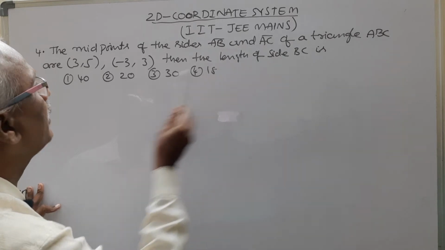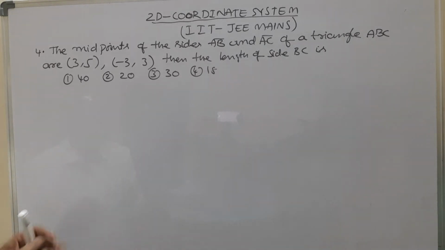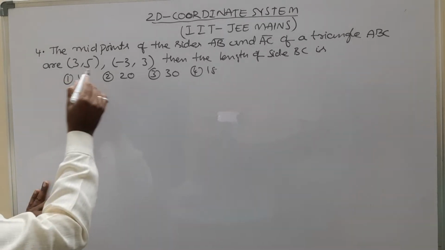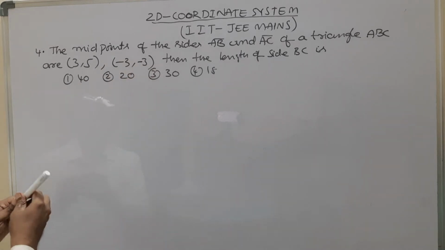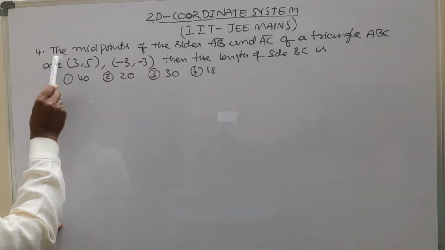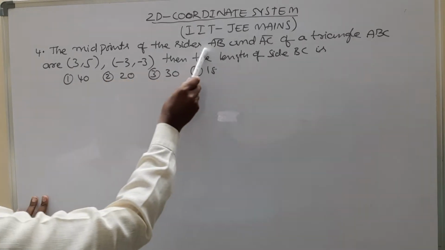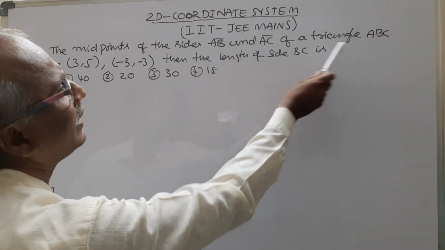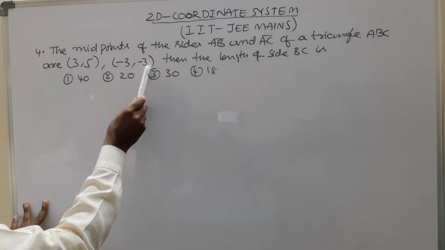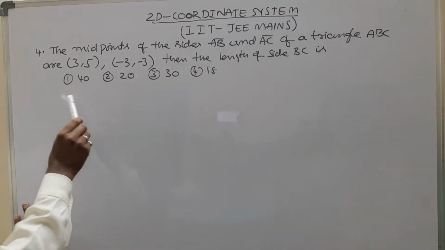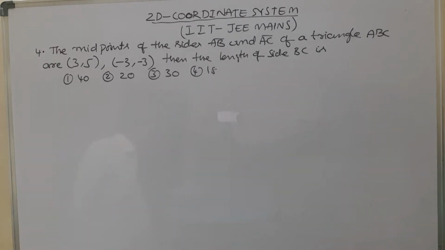Then the length of the side BC is... Here the 4 options are given.